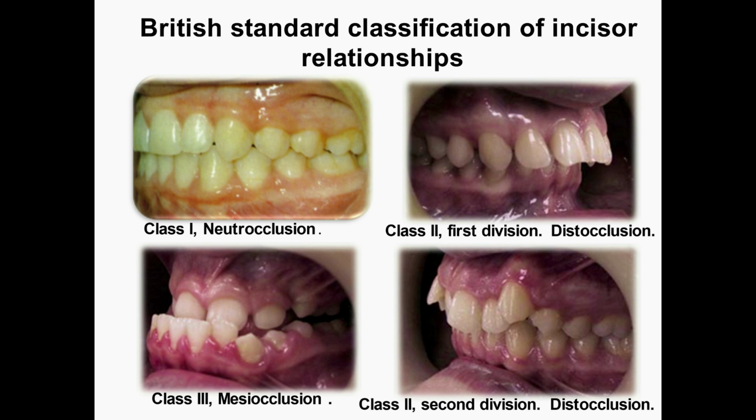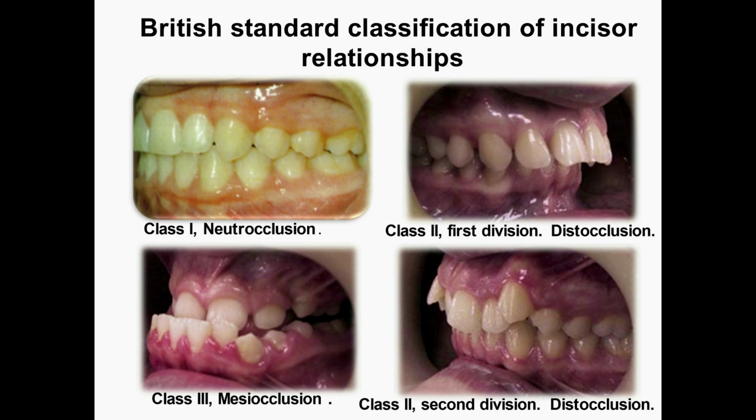Class 1, near occlusion: the lower incisor edges occlude with or lie immediately below the cingulum of the upper central incisors. Class 2, distocclusion: the lower incisor edges lie posterior to the cingulum of the upper incisors.